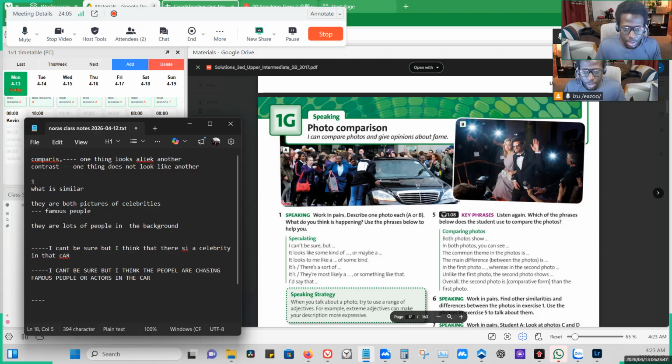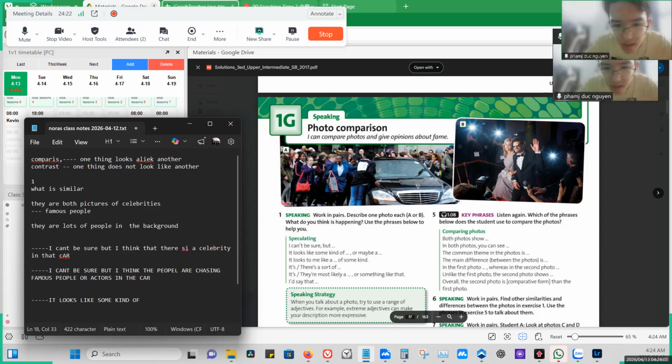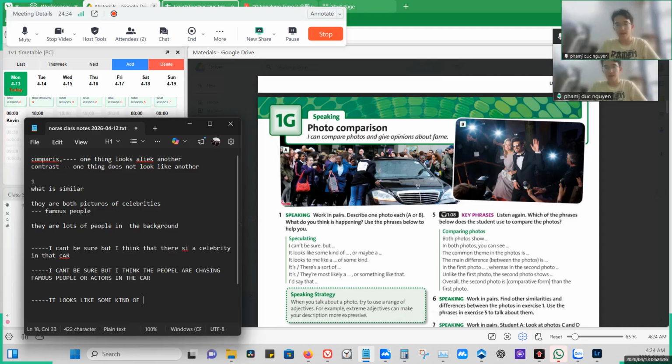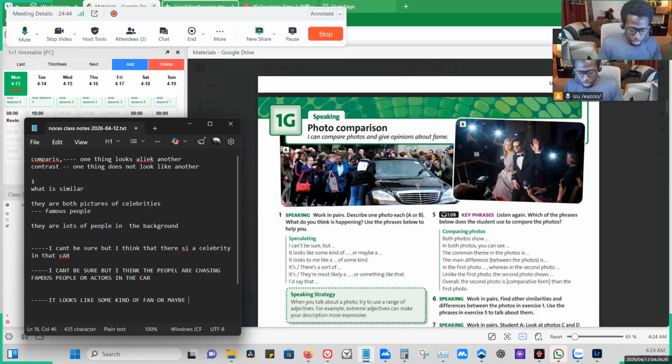Number 2 says it looks like some kind of.